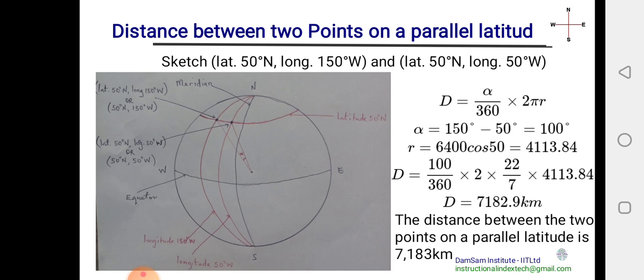The distance between the 2 points on a parallel of latitude will now be 7,183. That is on a parallel of latitude, just as we have said.